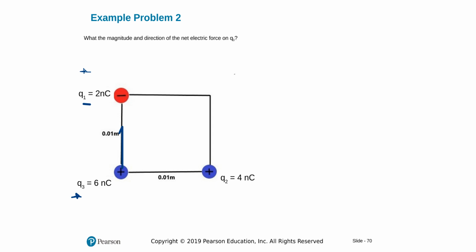I'm going to call this force 1, and charge 2 positive, charge 3 positive, so charge 2 will be pushing, and we'll have two forces perpendicular to each other. They are vectors, we'll add them. I'm going to call this force 3.